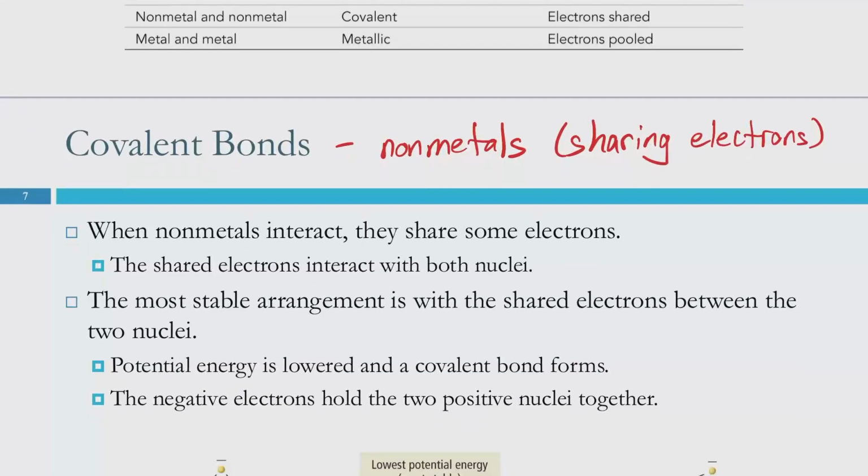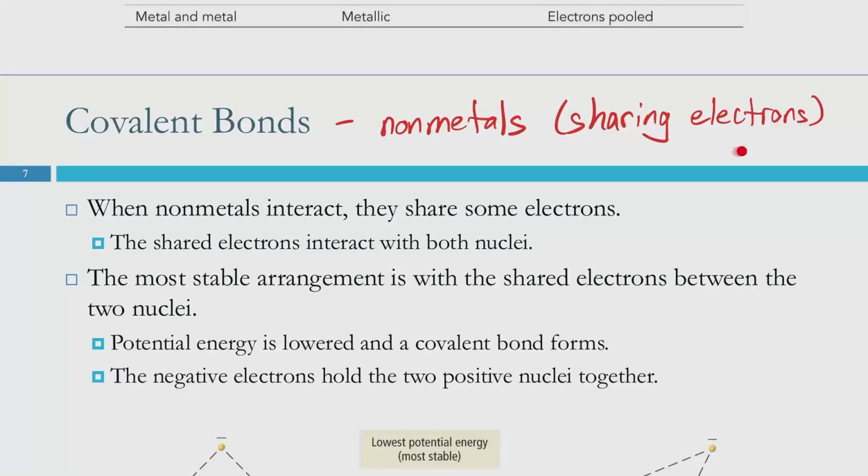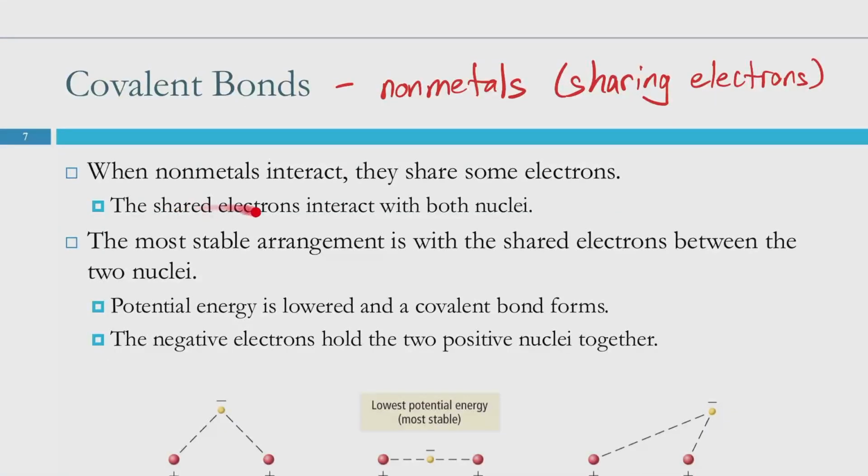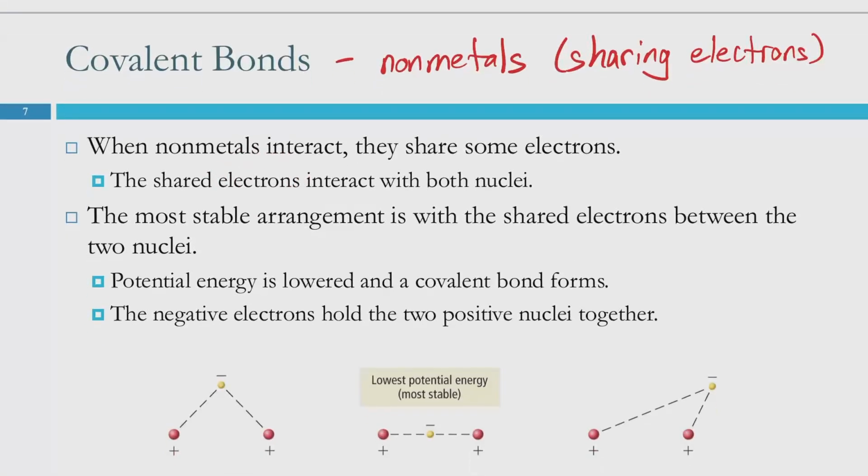In covalent bonds, the co means they're sharing, and the valent means we're talking about the valence electrons. So nonmetals share electrons. The shared electrons interact with both nuclei, so the two atoms involved in the bond both get some shared time with the electrons.